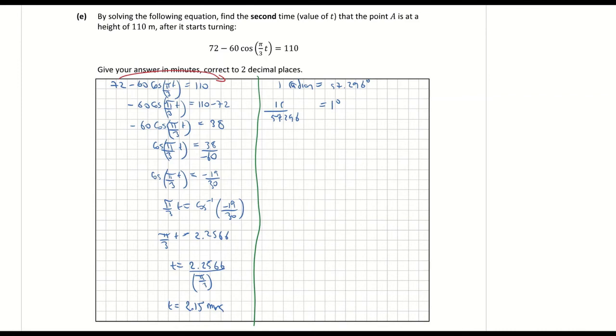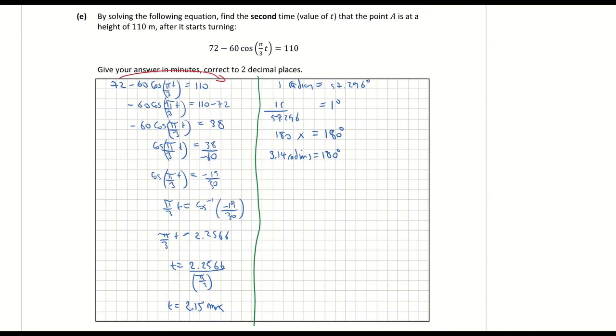And to get 180 degrees, I multiply this by 180, which is giving me an equivalence of 180 degrees as 3.14 radians. So that's what the value of 180 degrees is in radians.